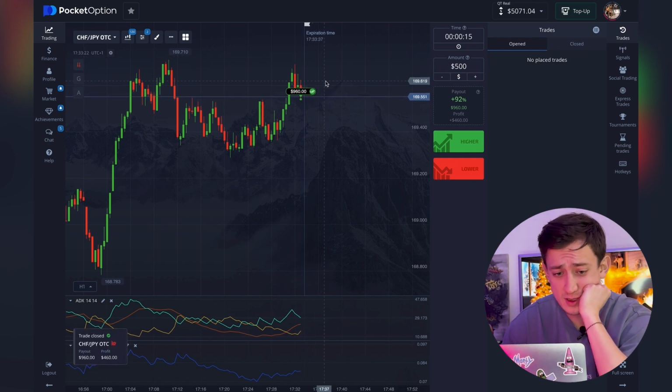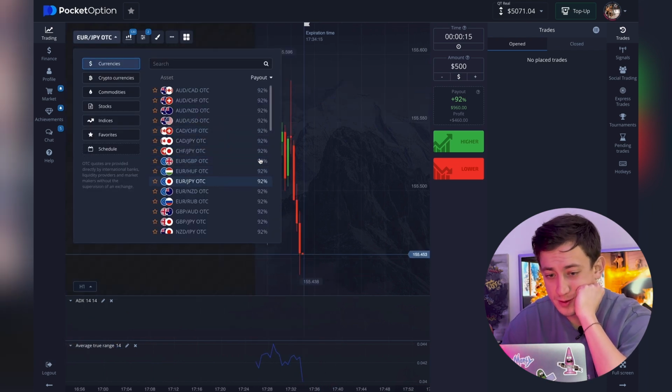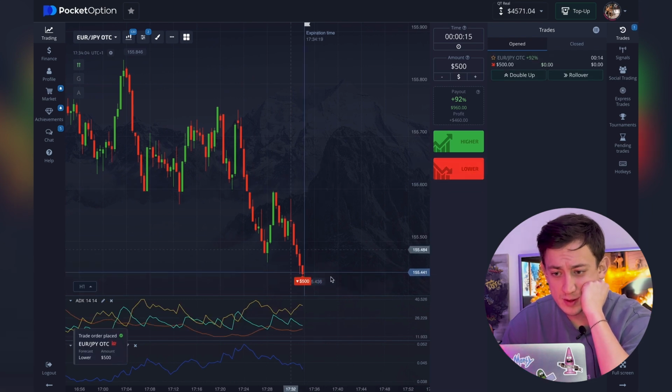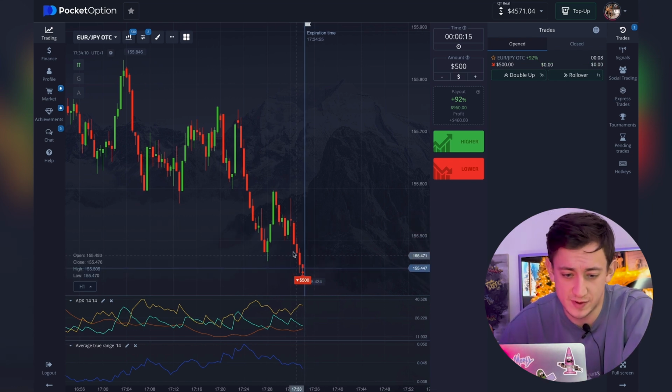Profit obtained, that is crazy, guys. And we move on. Like before, the Euro Japanese yen currency pair. And so both indicators show a bullish movement, so I enter a short position and expect a profit.